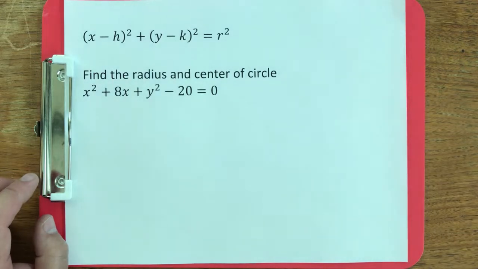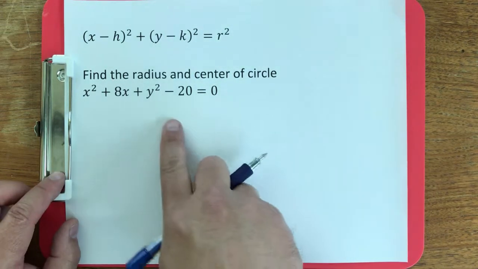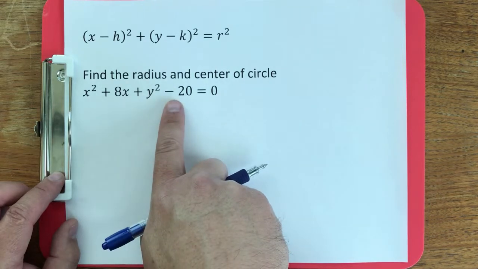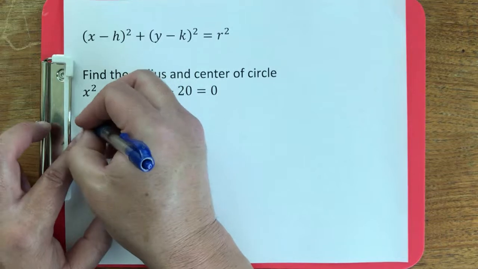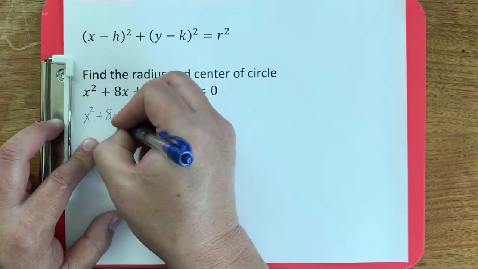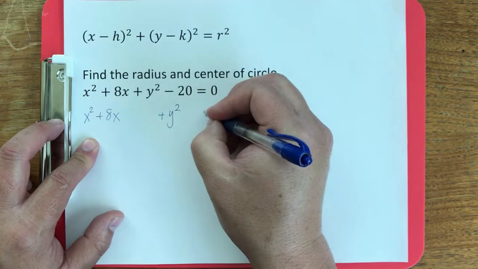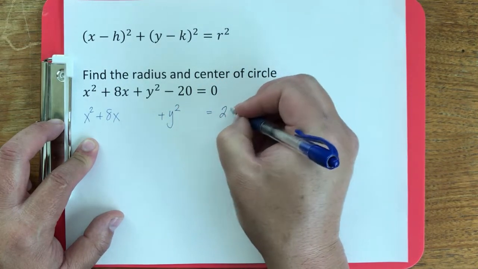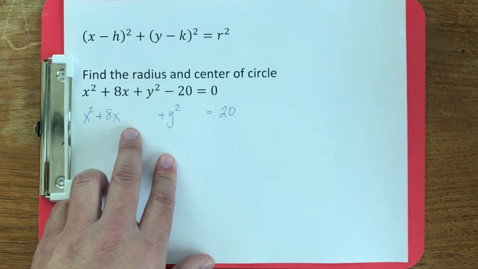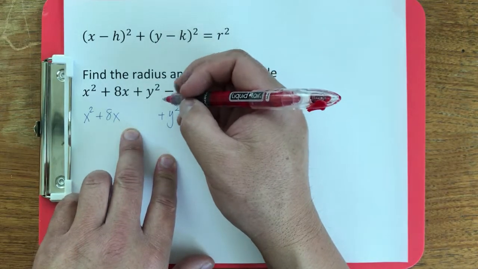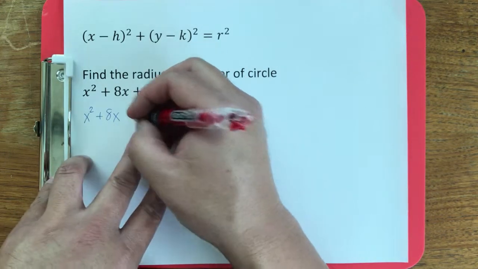Okay, now that you've tried this problem, let's give it a shot. So the first thing we want to do is we want to clean things up. We want to get rid of that 20 and bring it to the right side. So we'll add both sides by 20. Now the next thing we want to do is we want to add 8 divided by 2 squared to both sides.